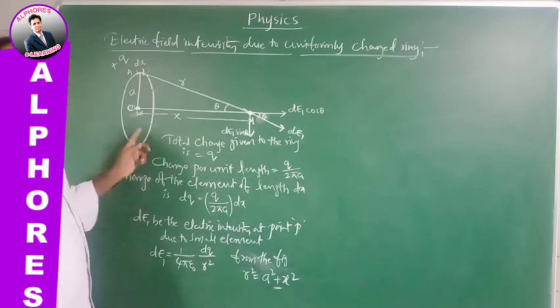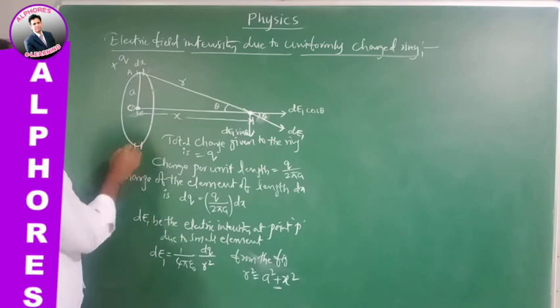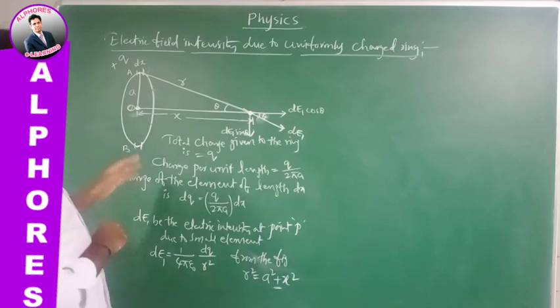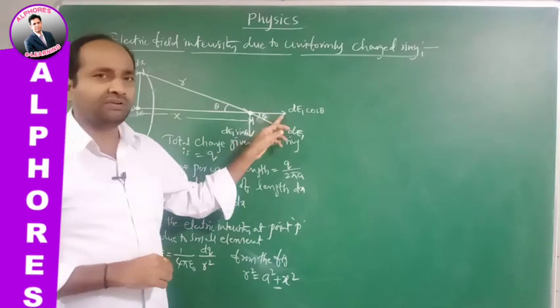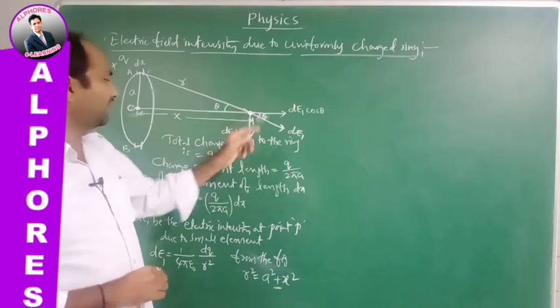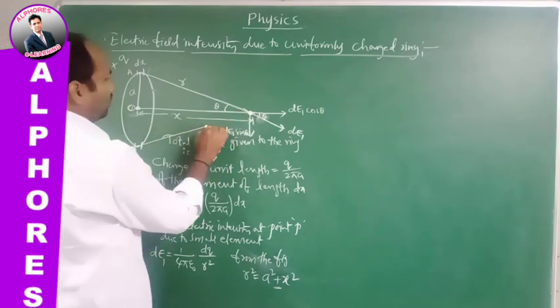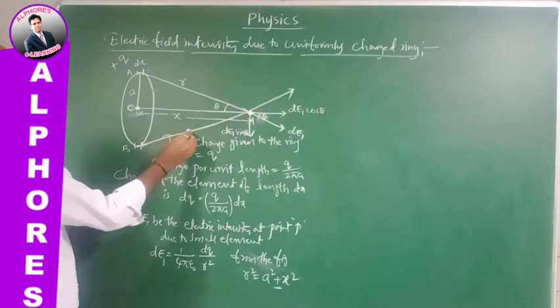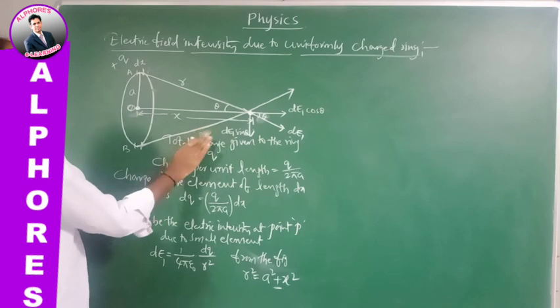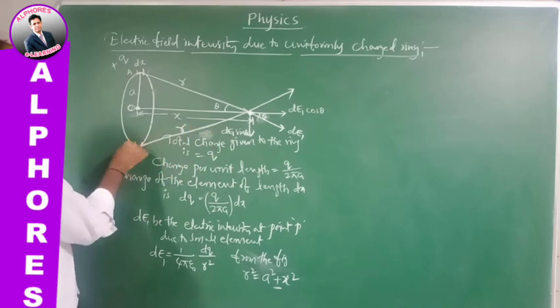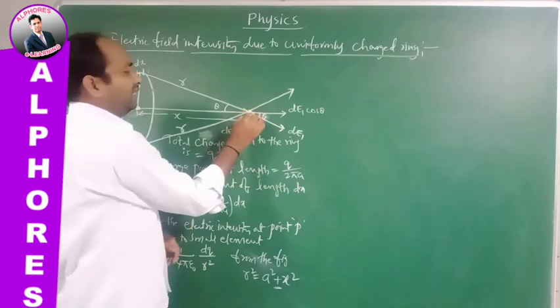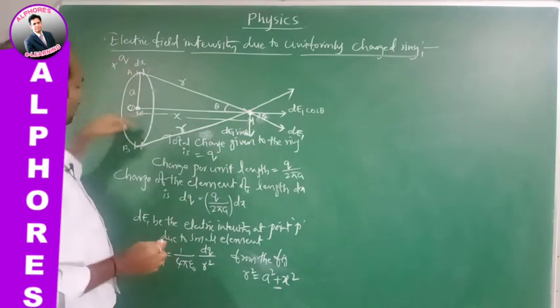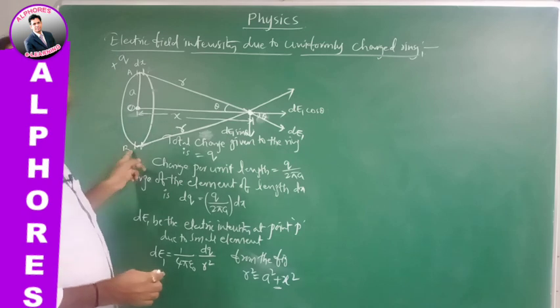Now consider another small element diametrically opposite to A, say B. Calculating the electric field intensity at the same point P due to this diametrically opposite element of length dx, the distance is again r.